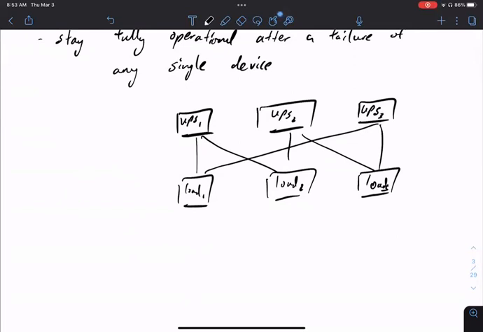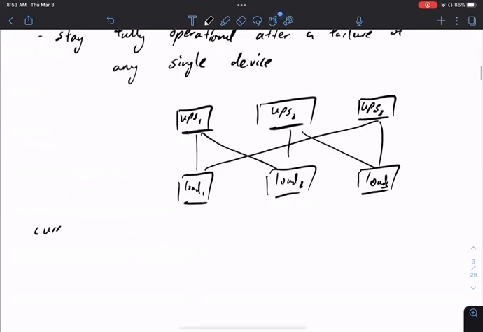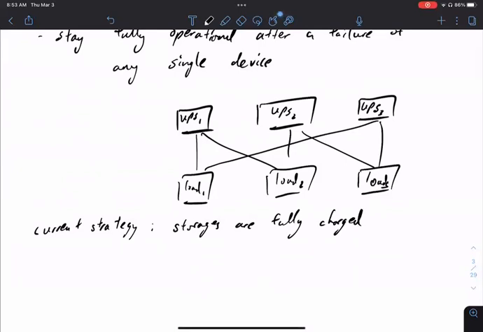So the current strategy is you charge them to full. We just try to keep them as full as possible and make them stay there.